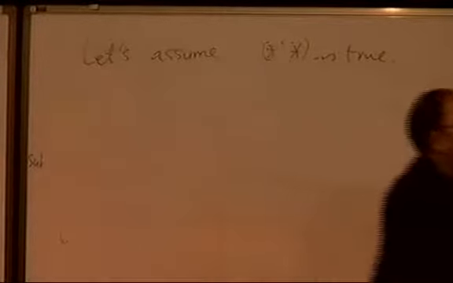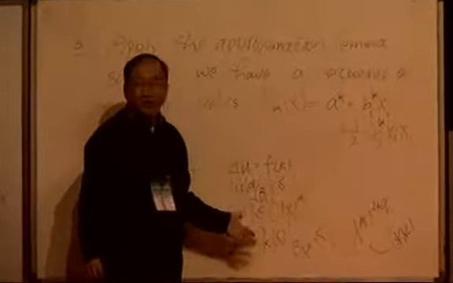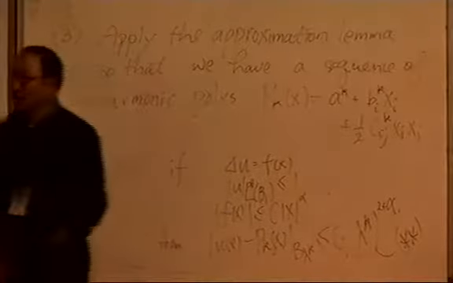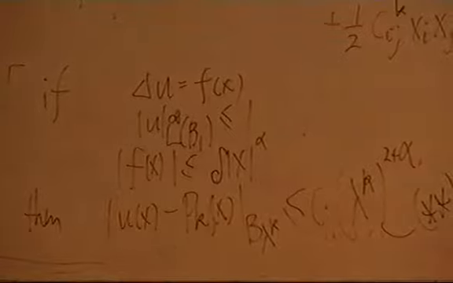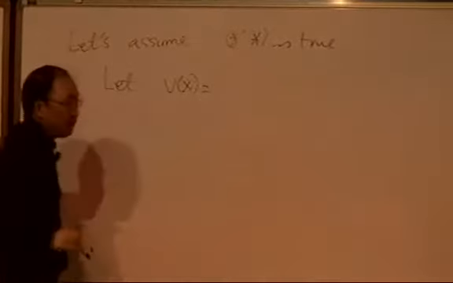So if I want to apply the approximation lemma, the infinity norm should be less than 1, and also your right-hand side should be smaller than delta, right? So that's the requirement. So first, let's say this is delta. This is nothing. So then let's rescale the function.